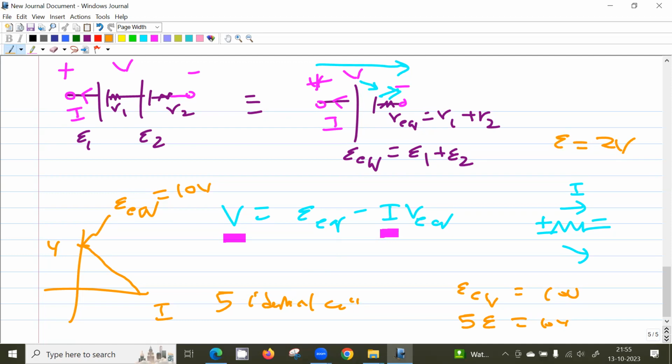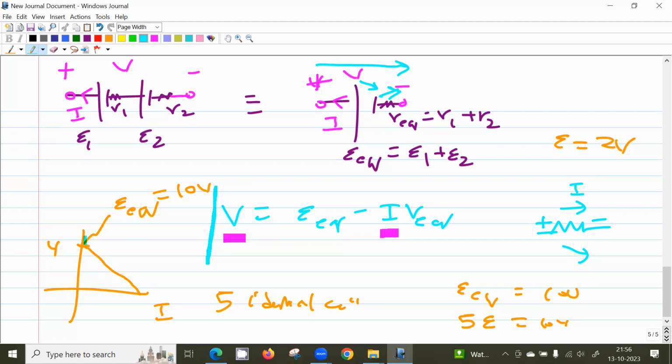Okay. So is this idea clear? So a combination of cells has got E equivalent and R equivalent, and they say this is a series combination, and they are given the graph of V versus I of this combination. So looking at the equation of this, I can figure out that the y-intercept, which I get from putting I equals 0, will be E equivalent.